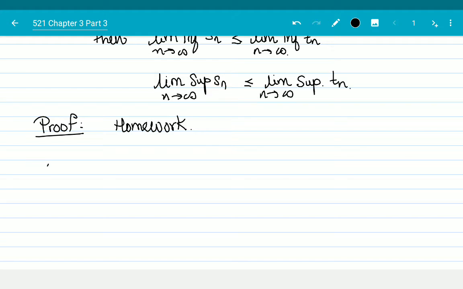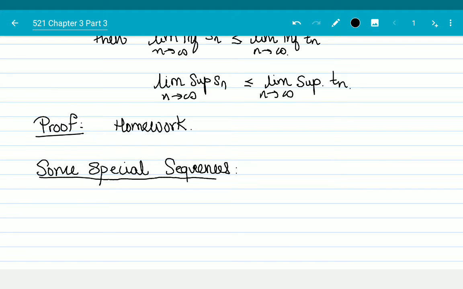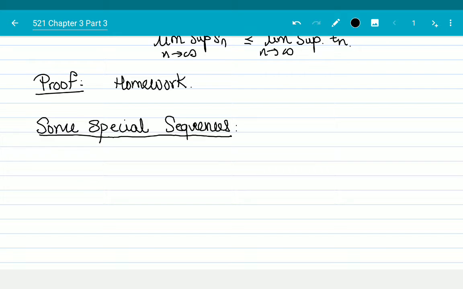Okay, so some special sequences. These are sequences that are needed constantly, and these will pop up, and so it's better to know their limits for all of them and have proofs.